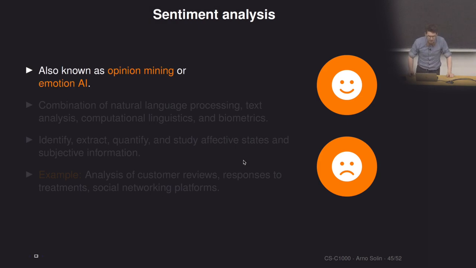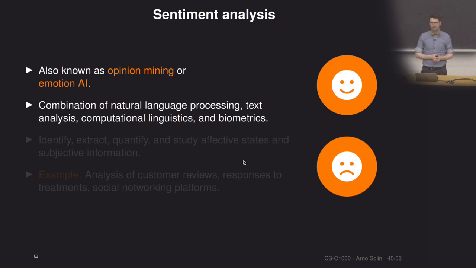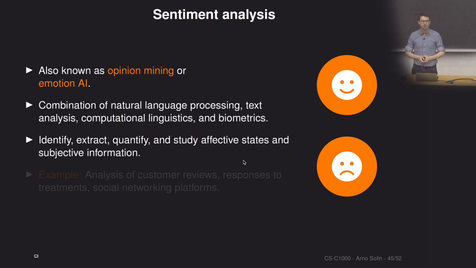Sentiment analysis. It's also known as opinion mining or emotion AI. And this is a combination of various things, like natural language processing for analyzing text, or computational linguistics, or biometrics. So in sentiment analysis, the idea is typically to identify, extract, quantify, or study the affective states and some kind of subjective information.